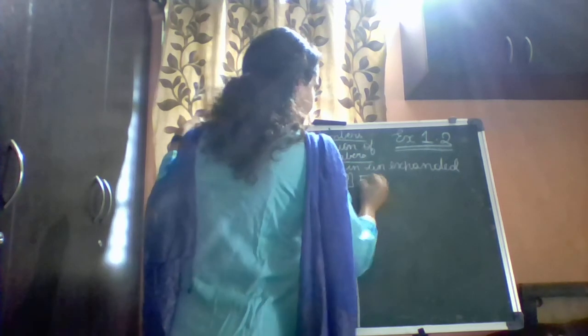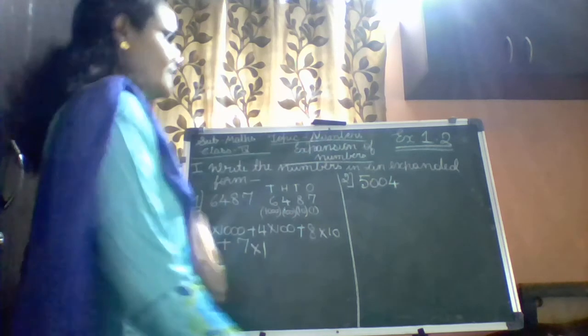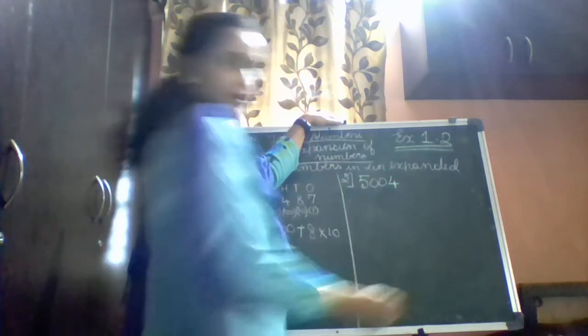We'll do one more sum. 5004. So now write the place values: 1, 10, 100 and then 1000. So now write the numbers under the place value: 5004.